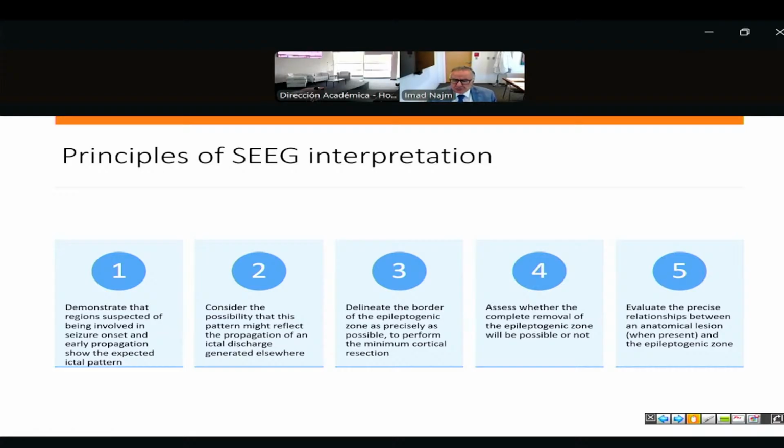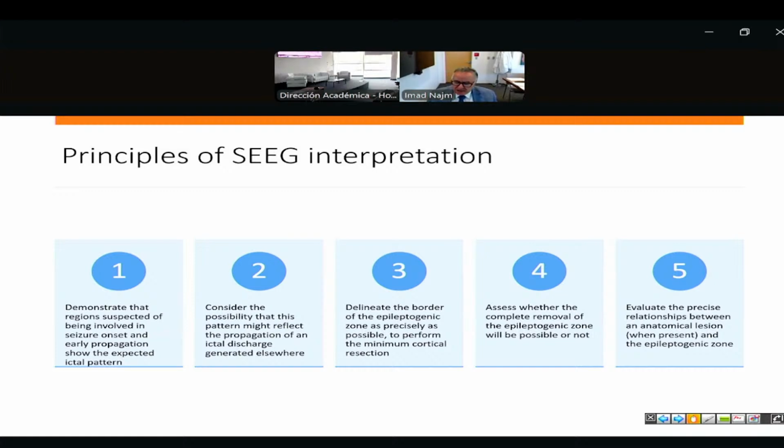Now, the third principle here, obviously like for subdural grid and for intraoperative ECoG, is we need to define the border of the epileptogenic zone. This is something that when we started using SEEG back in 2009, we were very nervous about, because we were used to having the subdural grid. The subdural grid gives us a two-dimensional analysis of the extent of the abnormality. And here, as I mentioned, part of the hypothesis should be to have electrodes in the four corners of that hypothesis: dorsal, ventral, anterior, and posterior.